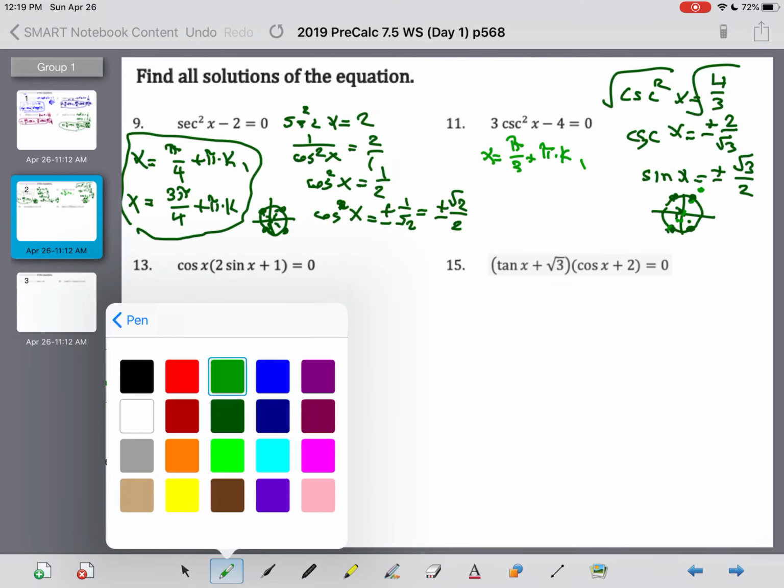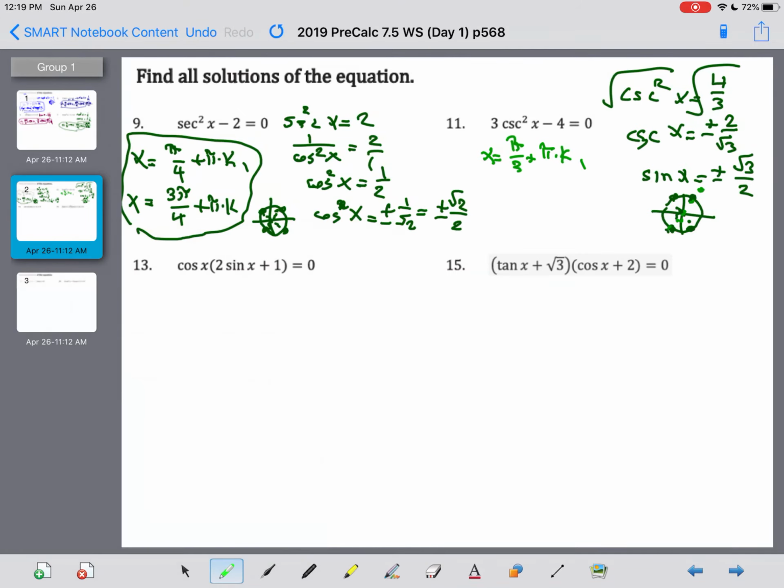And then if I go ahead and look at this one, that is 2 pi over 3, and since I have 180 degrees or pi units away, I can say plus pi k. So those are my x's here. Alrighty, so moving on.